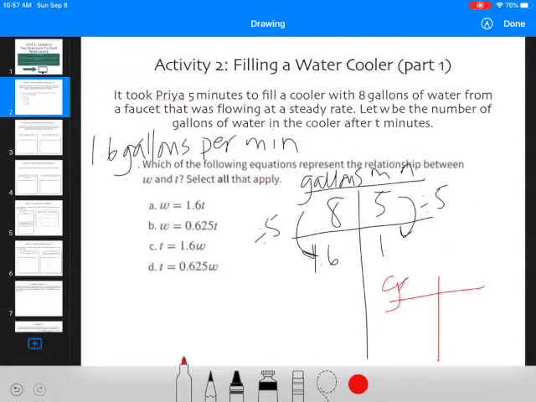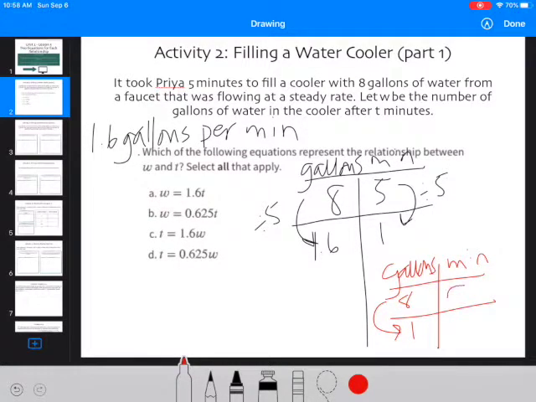Then I need to figure out what it would be if I did it the other way. So again, I have my gallons and I have my minutes. I need to figure out how many minutes it takes for 1 gallon to go. So I'm going to divide by 8, using my trusty calculator. 5 divided by 8, and I get 0.625.